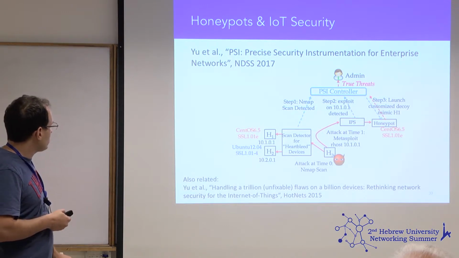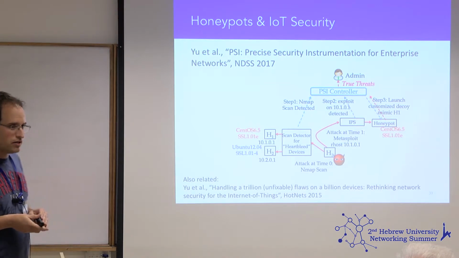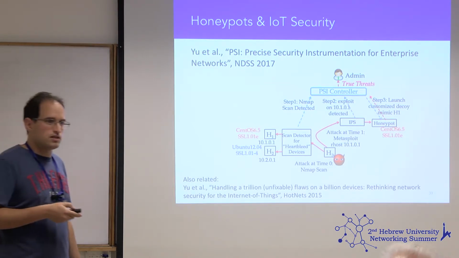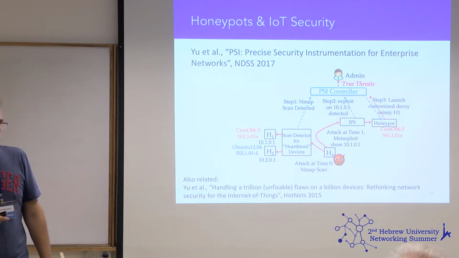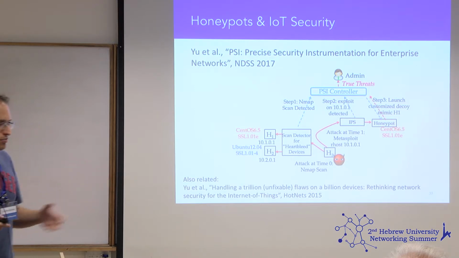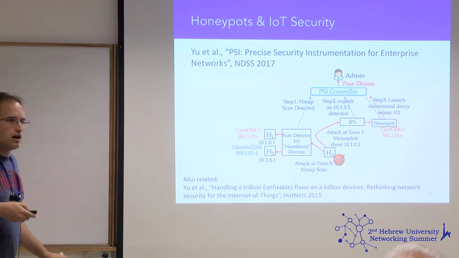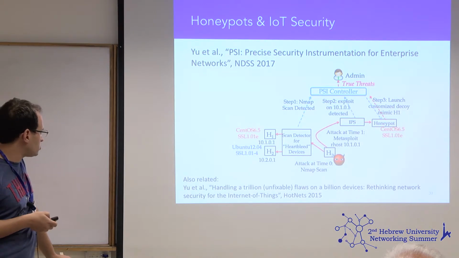There are also interesting works in the area of honeypots. So people use NFV in order to create honeypots on the fly, so that if traffic is suspected, instead of just dropping it, they send it to a network that they provision on the fly using virtual network functions that are in fact trying to track what the attacker is trying to do and to log it or to learn something about that.